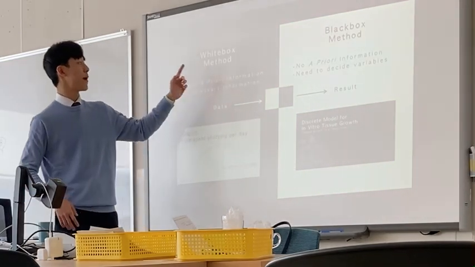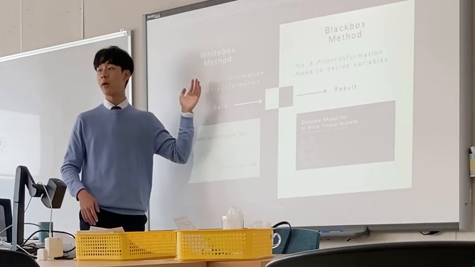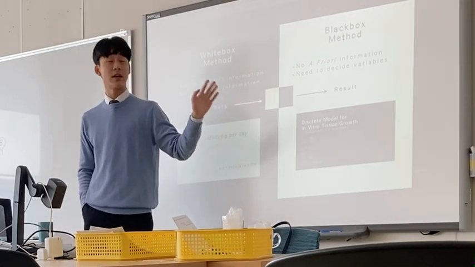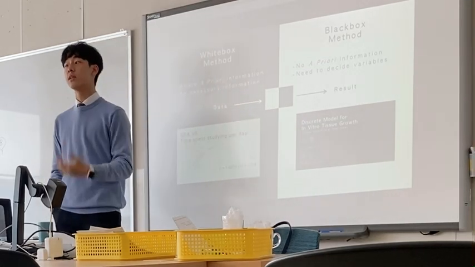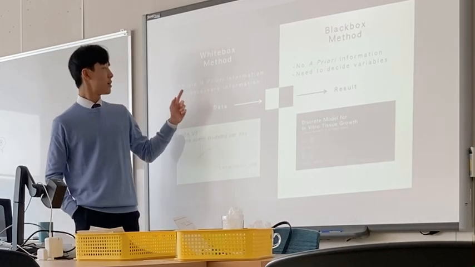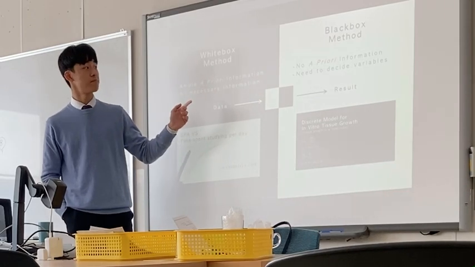The first one is a Whitebox method, where you have ample a priori information. A priori information is basically a fancy word for the types of data that you have before you're actually constructing the model. And here, the Whitebox method is when you have all the necessary information that's needed.